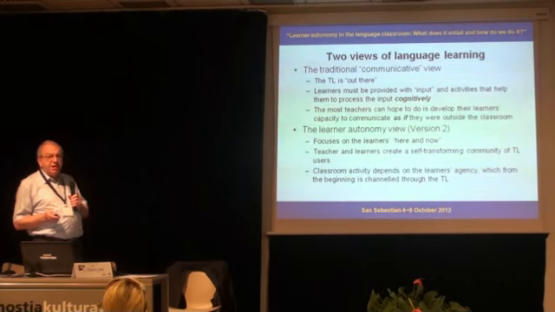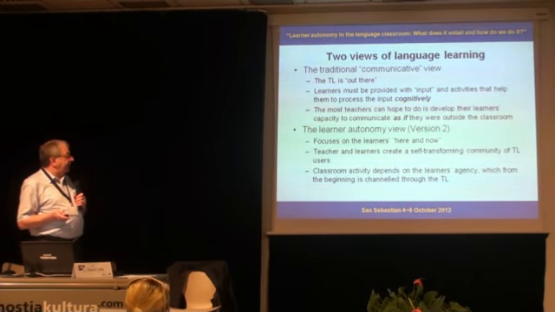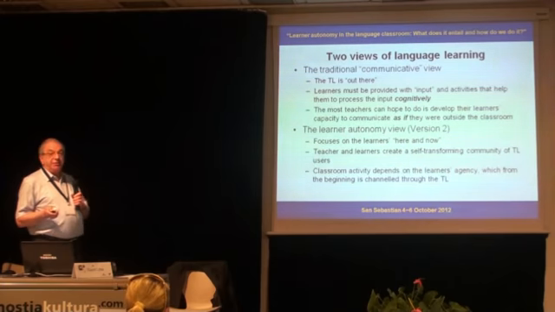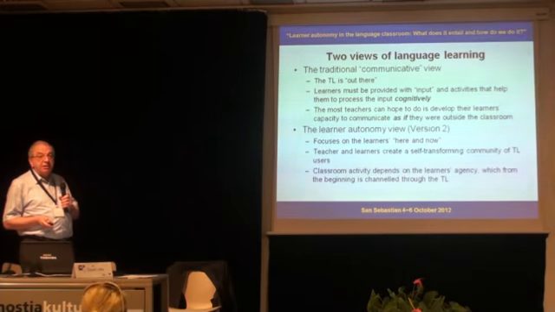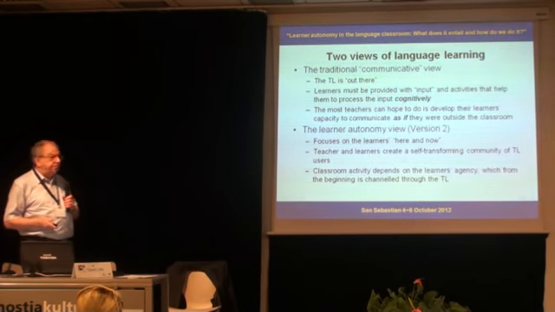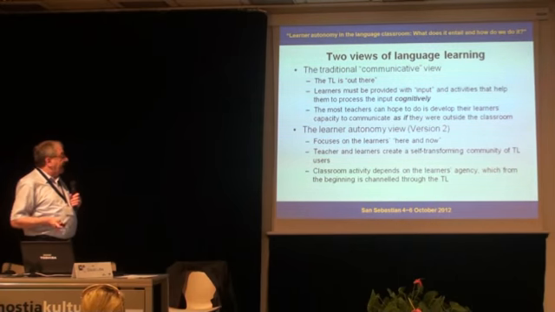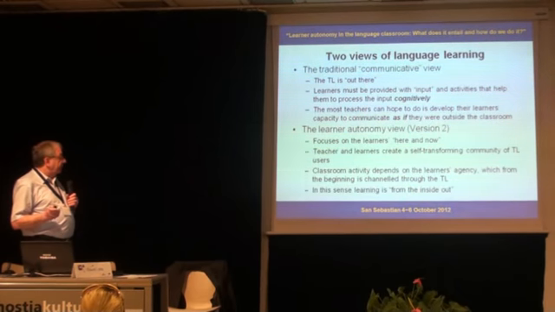Classroom activity depends on the learner's agency, which from the very beginning is channeled through the target language. So, agency through the target language. That's again picking up on what I identified as a key element in this second version of learner autonomy.